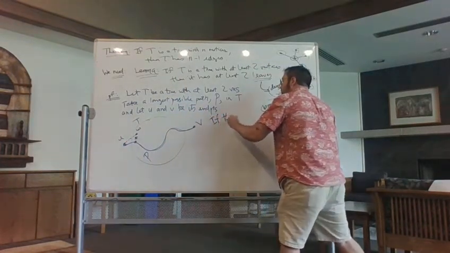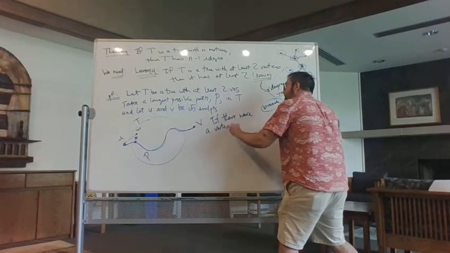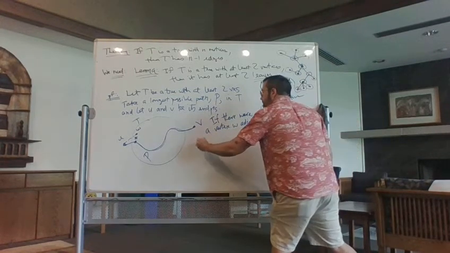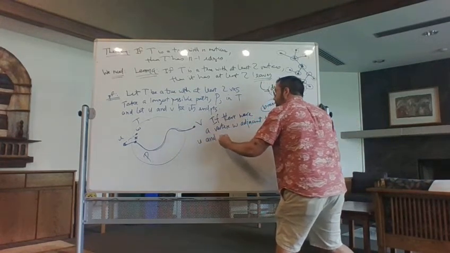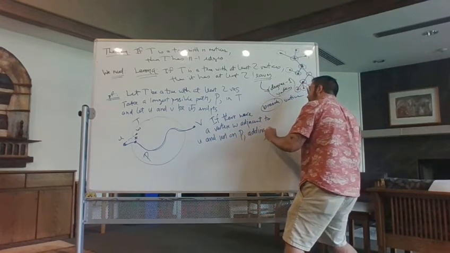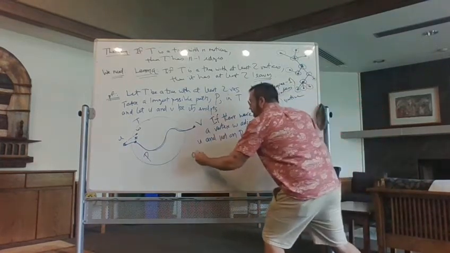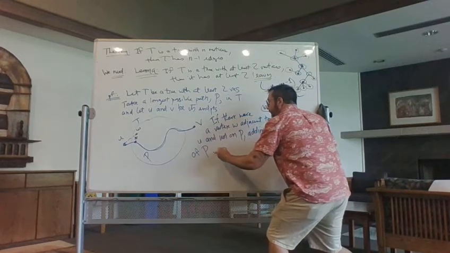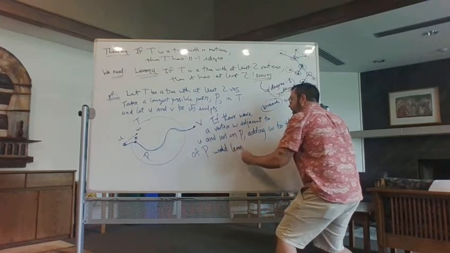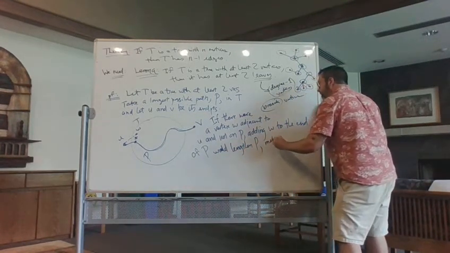If there were a vertex W adjacent to U and not on P, adding W to the end of P would lengthen P, making a longer path.